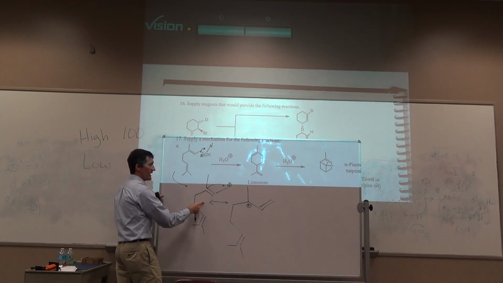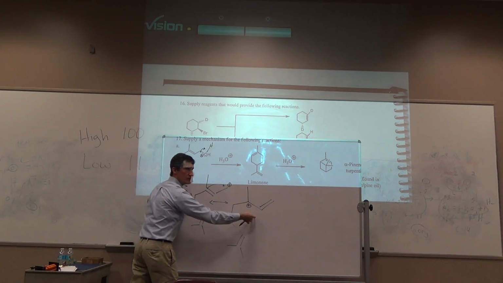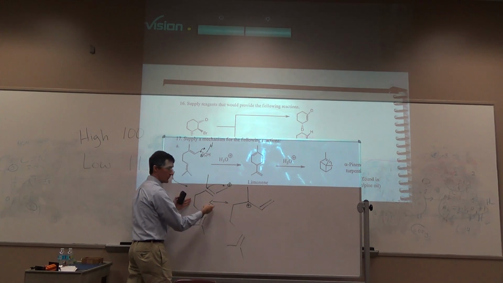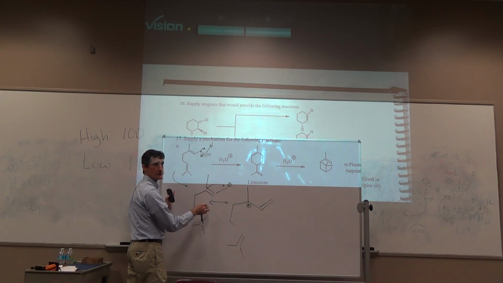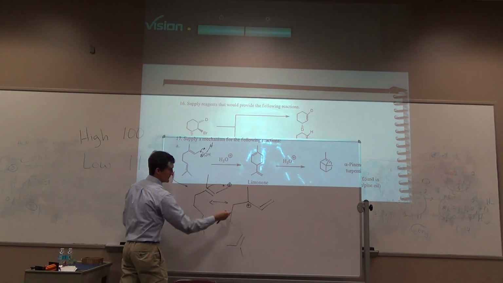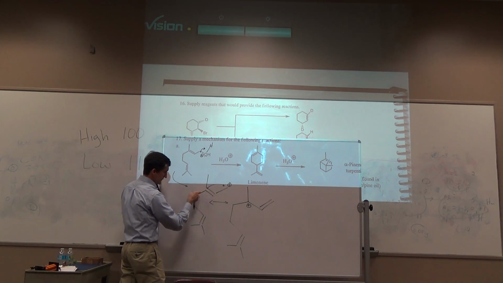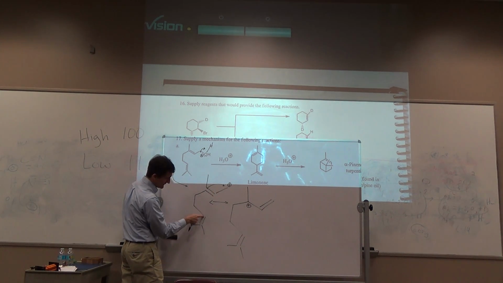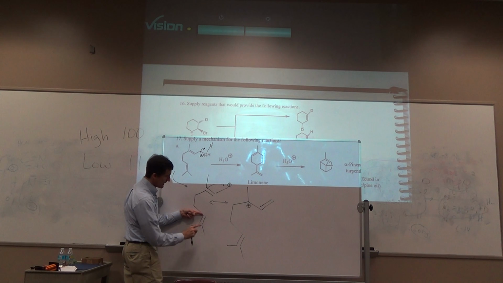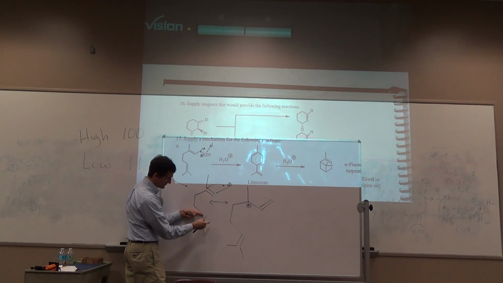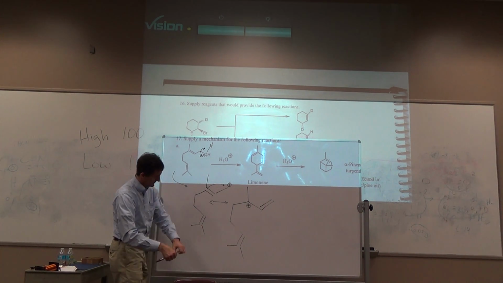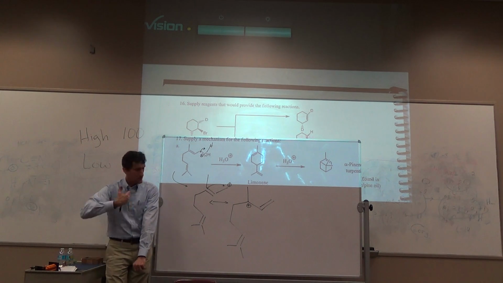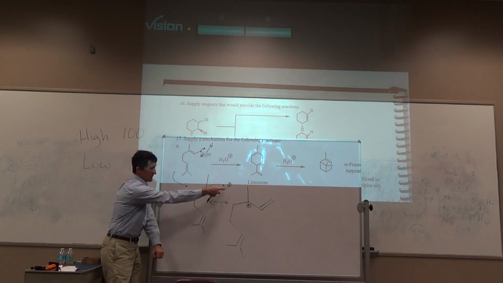Maybe come back here. This cation is a blend of these two. That doesn't mean we can't work with this here. You can work with any resonance structure. This is a stabilizing feature. 1, 2, 3, 4, 5. We want that carbon to bond there for a 6-membered ring. Is there any way to get that carbon to bond? It's pi bonded. Instead of the electrons being down, the top carbon is what we want to bond there.